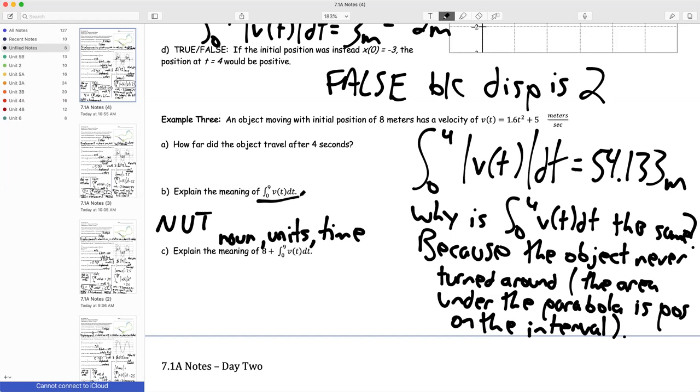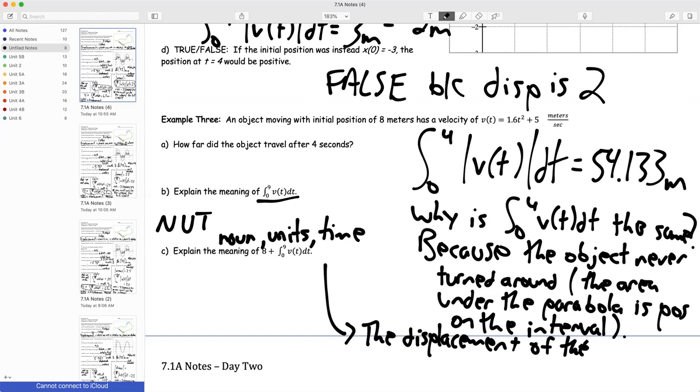All right, noun, units, time. So this is the displacement. So here's how you properly explain the meaning. The displacement of, what's the noun? The object.